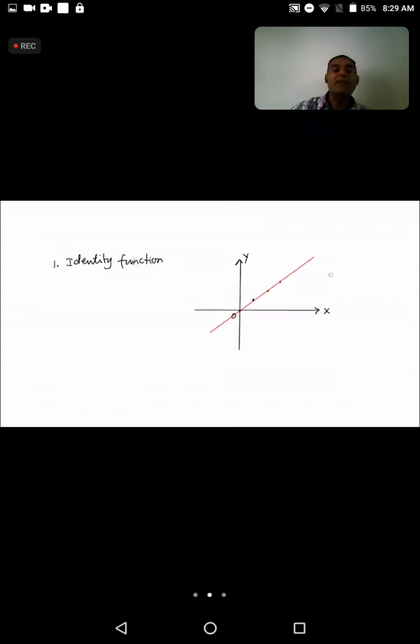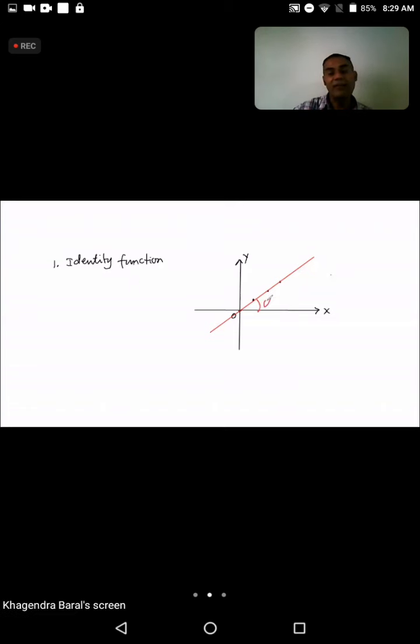Here, the line is inclined equally with both the axes. It means the angle made by this line with the x-axis is the same as the angle made by this line with the y-axis. If this angle is alpha, then this angle is also alpha.